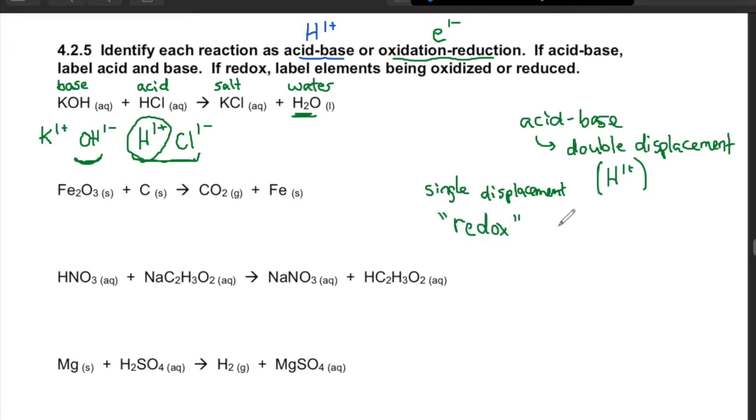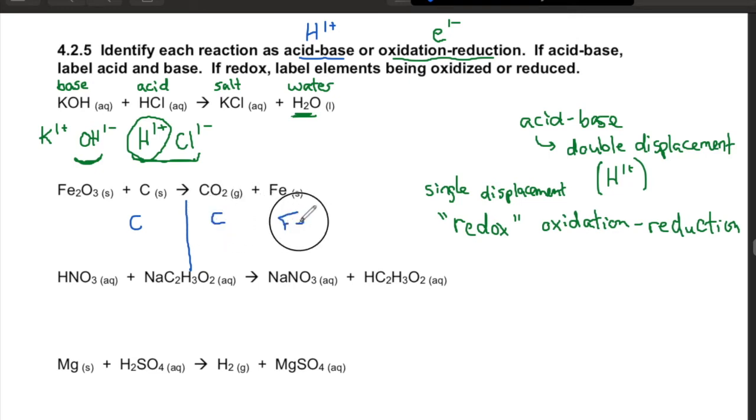A redox reaction is another name for a reaction where an oxidation and reduction are taking place. So let's go ahead and make a list of the oxidation numbers of the different elements on both sides of this reaction. So we have carbon, we have iron, and we have oxygen.